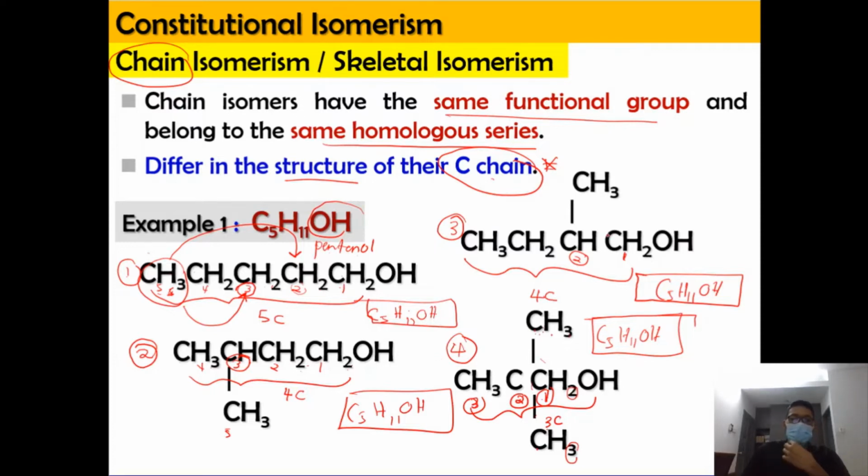Alright, and if you look here, you will have the tendency to bring this carbon into the first carbon here, right? You might want to do that, but what basically happens is you get CH2, CH2, CH2, CH2, OH, and then you attach this carbon to the first carbon, like this.